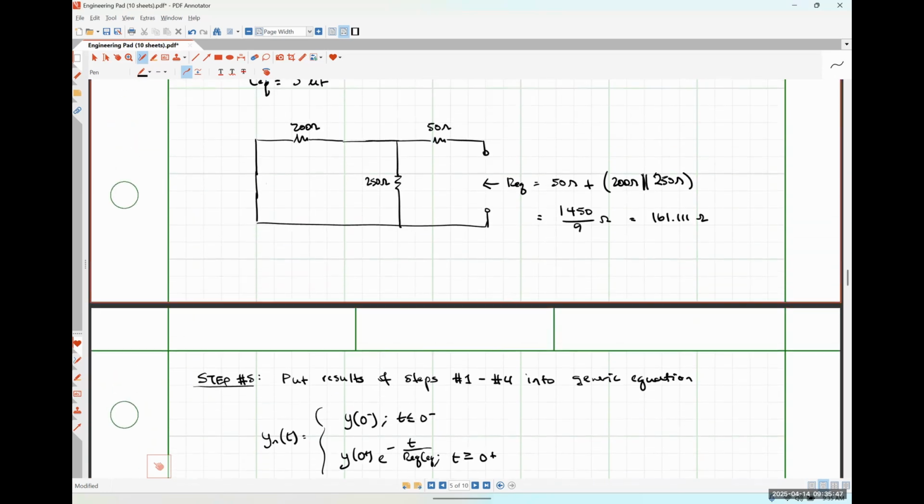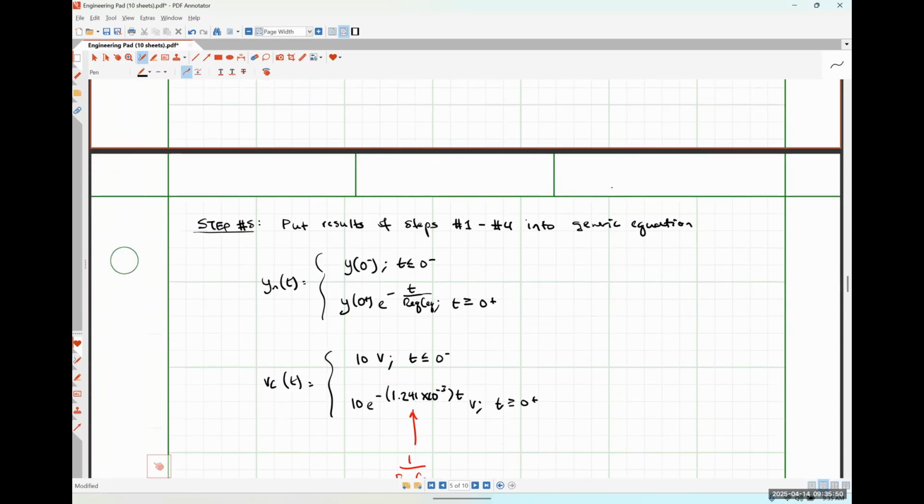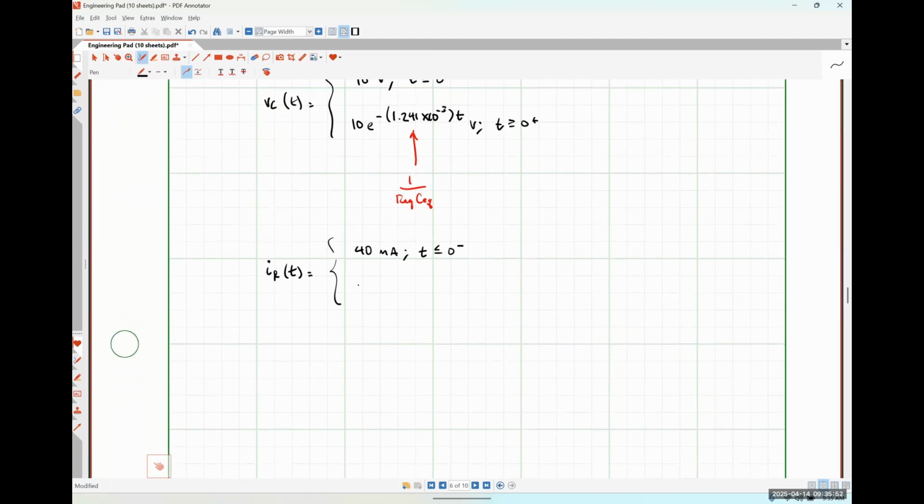And then we had, I think it's like 27.586, for t greater than or equal to 0 plus. So it's literally just plugging stuff in.